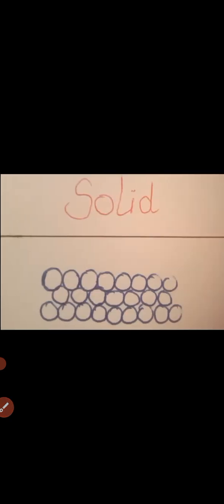Now we're going to move on to the liquid. So you can see these molecules. Observe them very carefully. They are not like solids. Have you observed the solid? I showed you. You want me to show again? See, this is the solid.